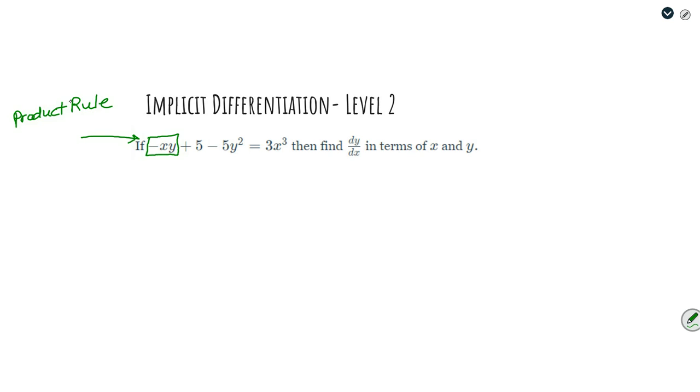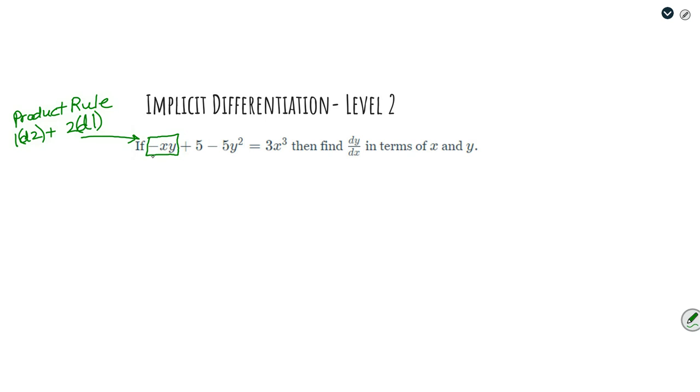Now remember, the product rule is first derivative of second plus the second derivative of first. Anything else? No other product rules because I don't see an x and a y multiplied by each other. Okay, so let's work on this negative x times y.